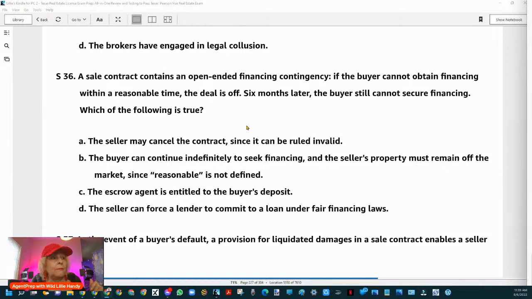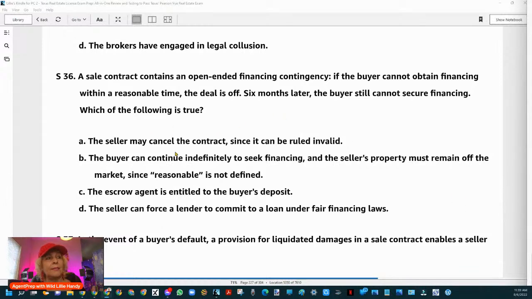So a sales contract contains an open-ended financing contingency. Remember, there's a start date and an end date to everything, right? And there are terms that say time is of the essence, right? So it cannot be open-ended.